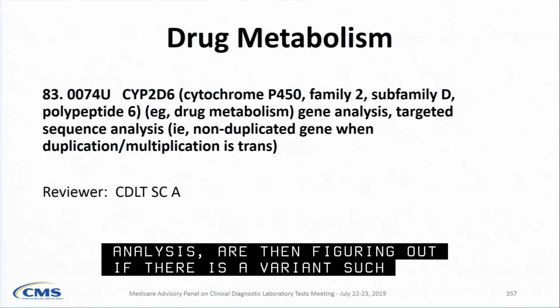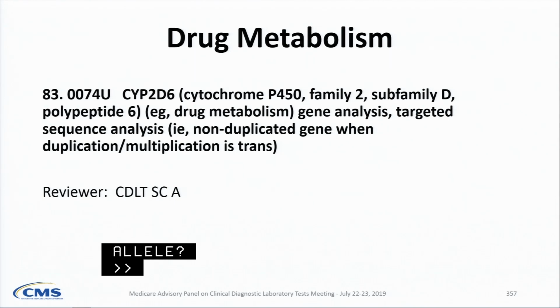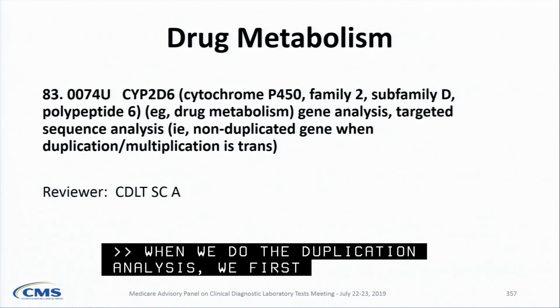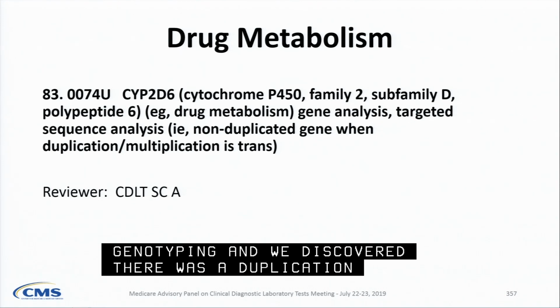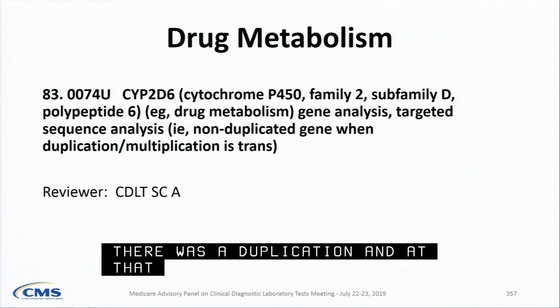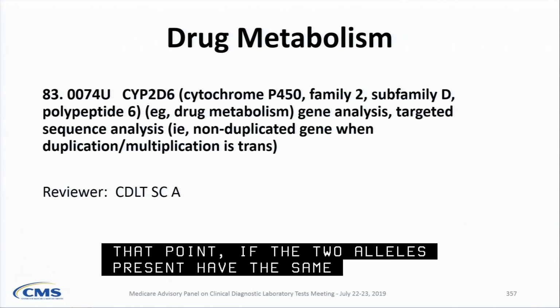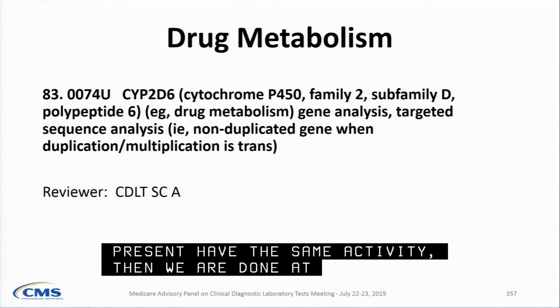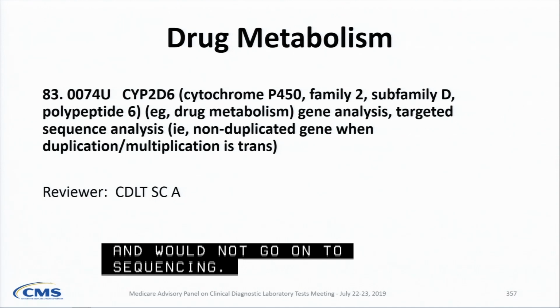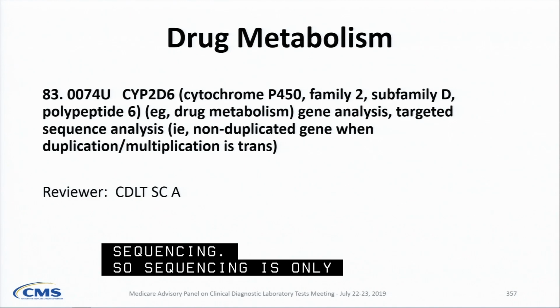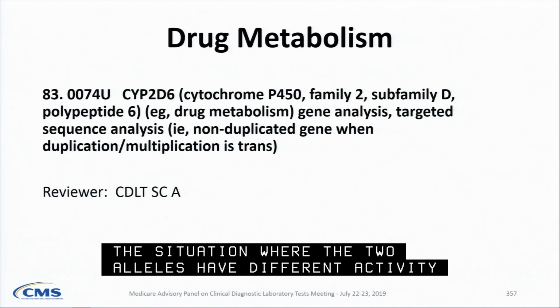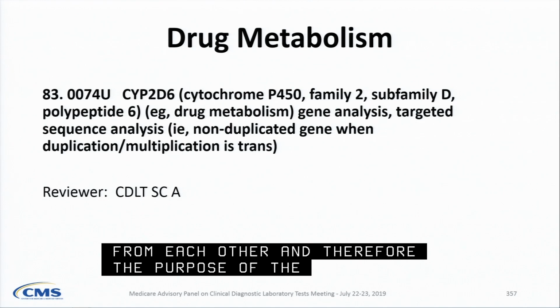So when we do the duplication analysis, we first had started out with just the standard targeted genotyping, and we discovered that there was a duplication based on the copy number assay. And at that point, if the two alleles present have the same activity, then we are done at that point and would not go on to sequencing. So sequencing is only used in the situation where the two alleles have different activity from each other, and therefore the purpose of the sequencing is to determine which of the alleles is duplicated.